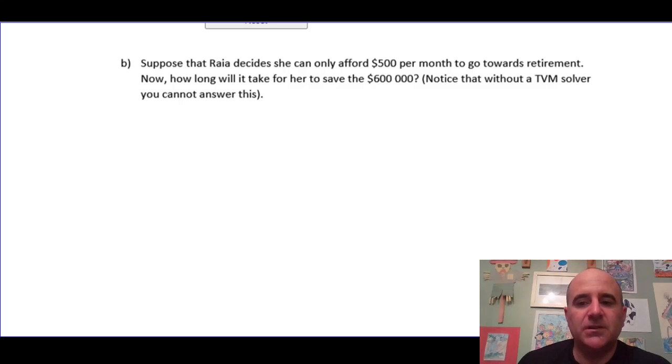The TVM solver is fairly powerful because it allows us to solve for any variable we want, including time, or your n value, which we couldn't do using the equation, at least not with the math that we know how to do. So let's go back to our TVM solver. We'll figure out how long this is going to take her.